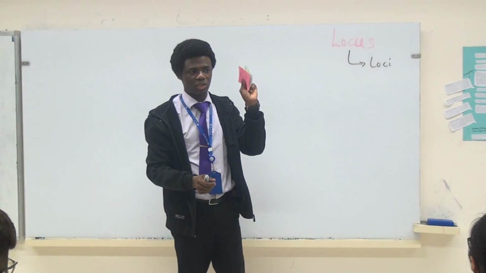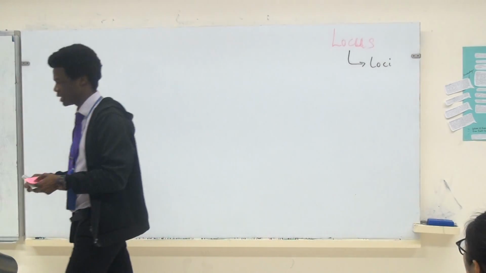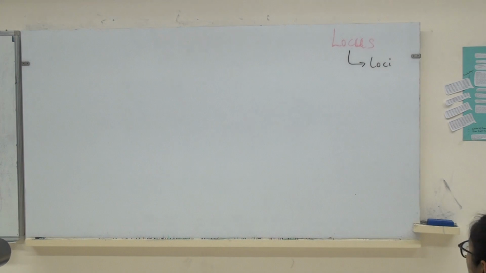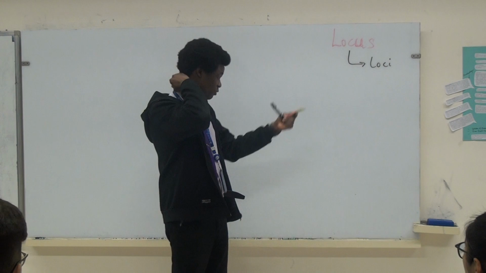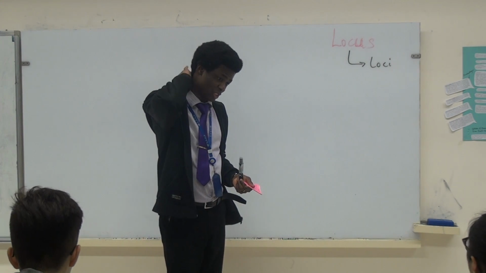Anyway, I put all these notes here. You don't need to write anything or waste time writing stuff. So three different questions or three areas of this locus can be tested in IGCSE.